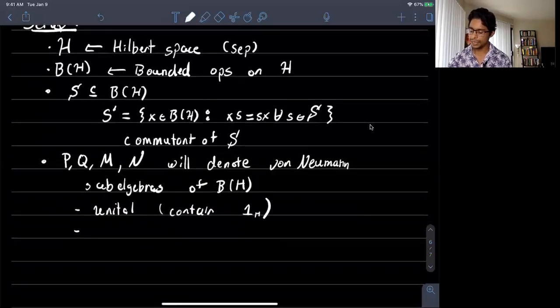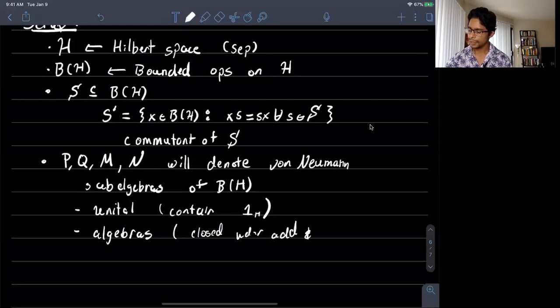They will be algebras, closed under addition and multiplication, both by scalars and, in this case, the multiplication operation is composition.